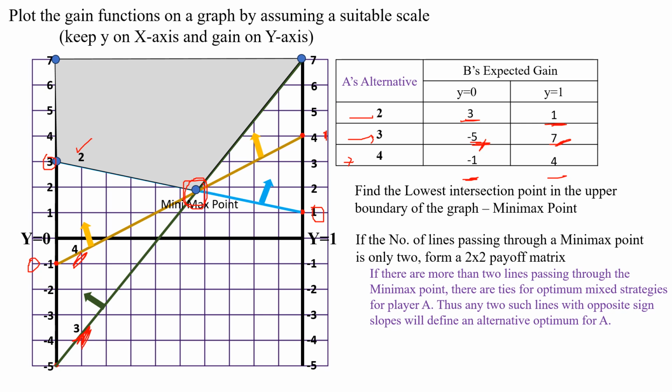So we can consider the 2 and 4th strategy, or maybe the 2 and 3 strategy. Here we are considering the strategies for player A as 2 and 3. Considering 2 and 4 is also correct, but in this problem I am considering the strategies for player A as 2 and 3.